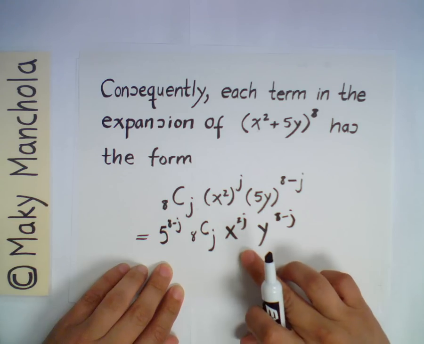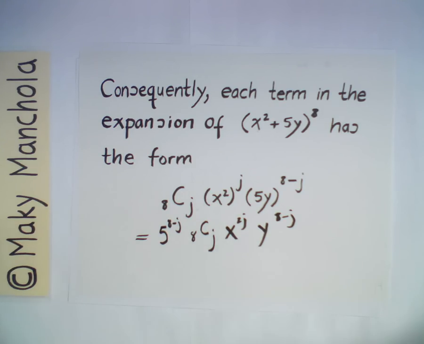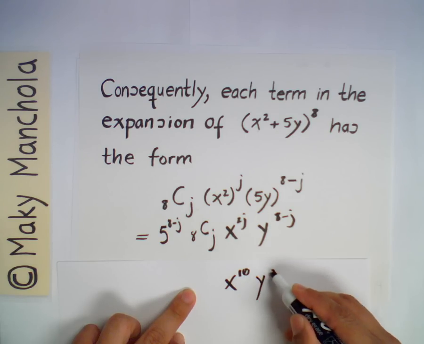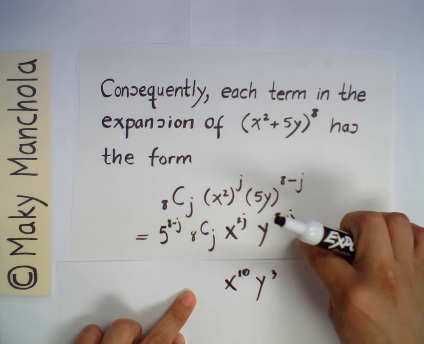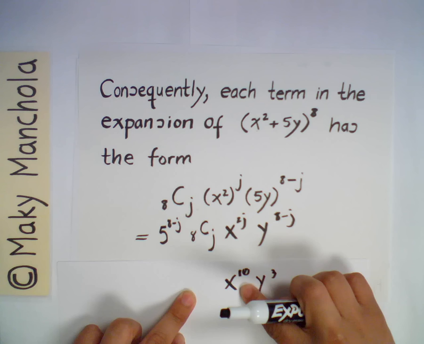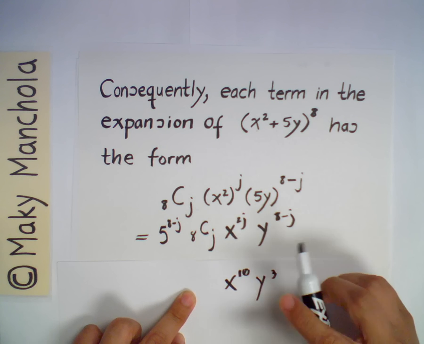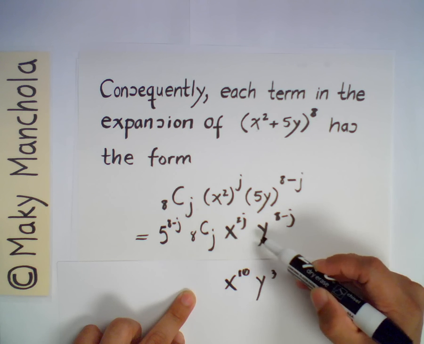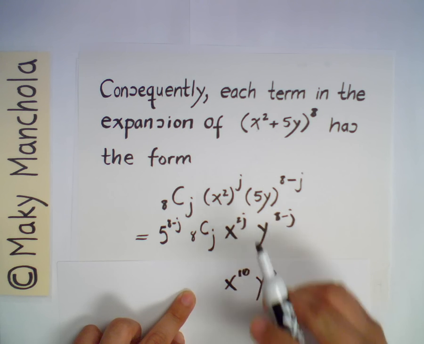Now, if we want the coefficient of x to the 10th y cubed, then we're going to have to look for the term that has x to the 10 y to the third. That can only happen when j is 5 in this expression, because 2j you want to be 10.